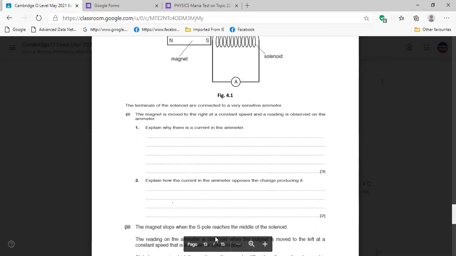Okay, so I will write like this. Magnetic field lines are cut by the solenoid.